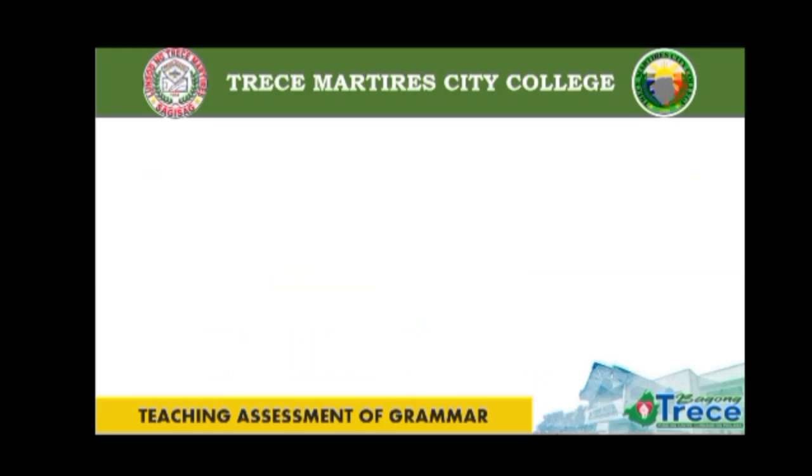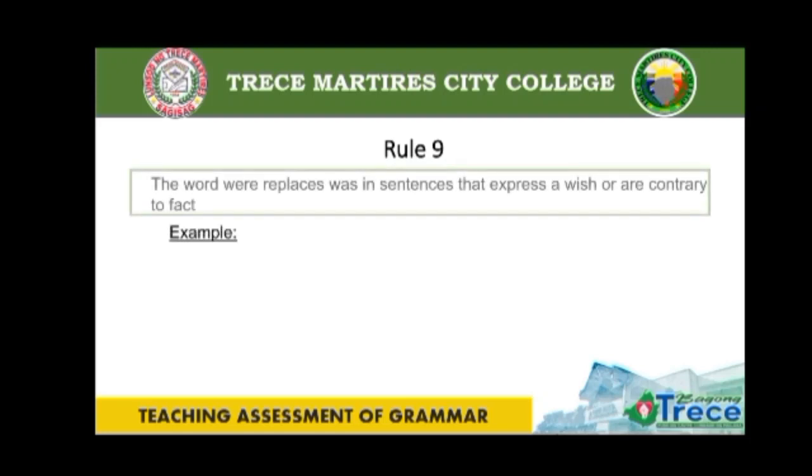So next, last rule, which is rule number 9, we have here the word were in sentences that express a wish or are contrary to the fact. If the sentence expresses a wish, request, or something contrary to the fact, like this example: If Joe were here, you'd be sorry.